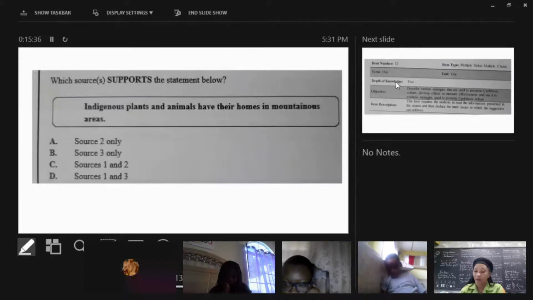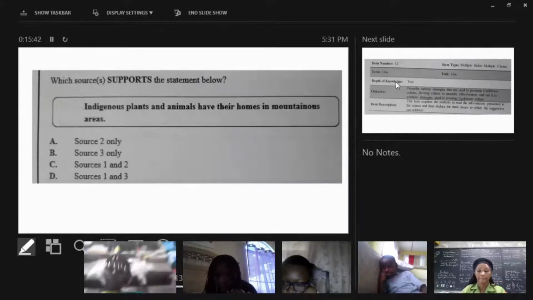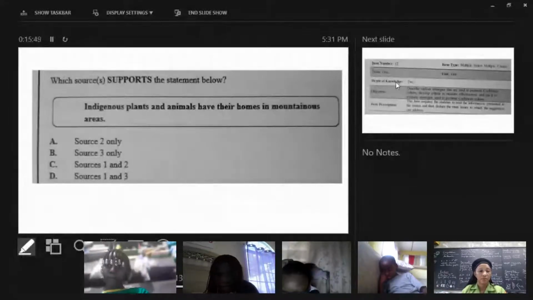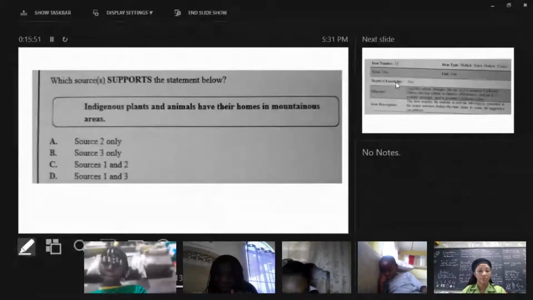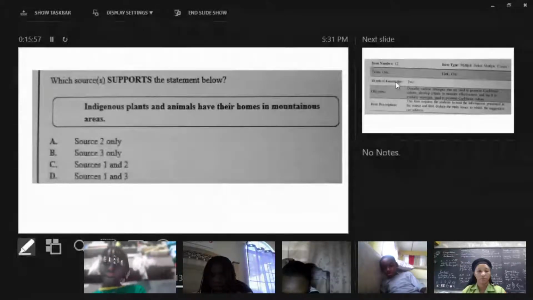All right. So, Madison, please read question 11. Question 11. Which source or sources support the statement below? Indigenous plants and animals have their homes in mountainous areas. A. Source 2 only. B. Source 3 only.